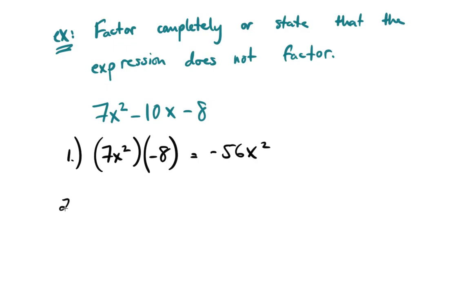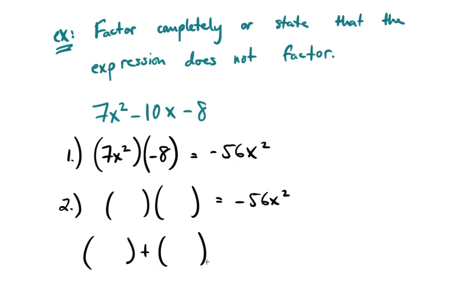That's step number one. And step number two, and by far the most difficult step, is to find two things that multiply to give you this negative 56x squared that you got in the first step and combine to give you this middle term, this negative 10x in this case.